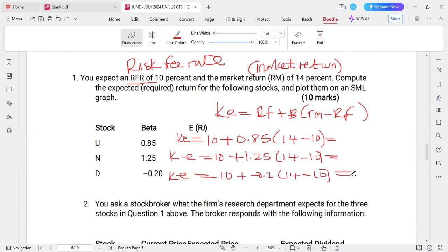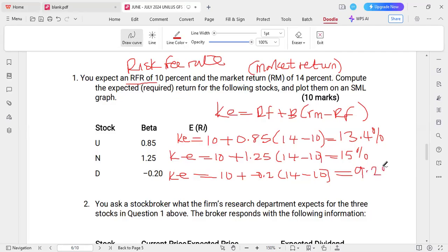So the first one, we are simply getting 13.4%. And then the other one, we are getting 15%. Then this other one, we are simply getting 9.2%.